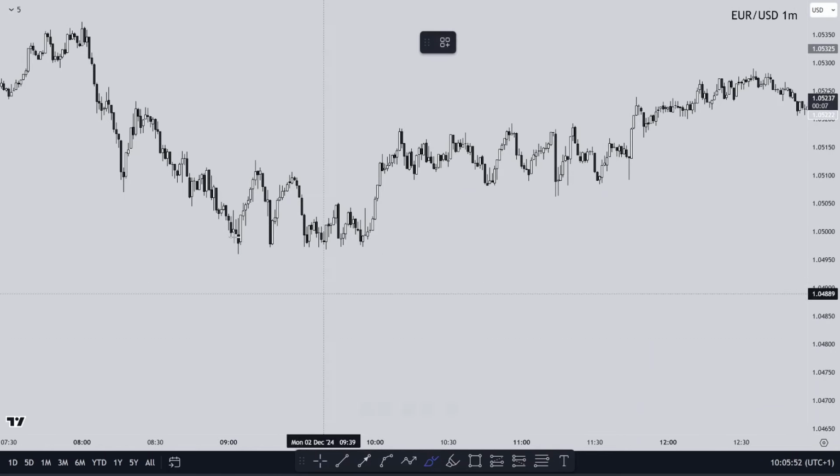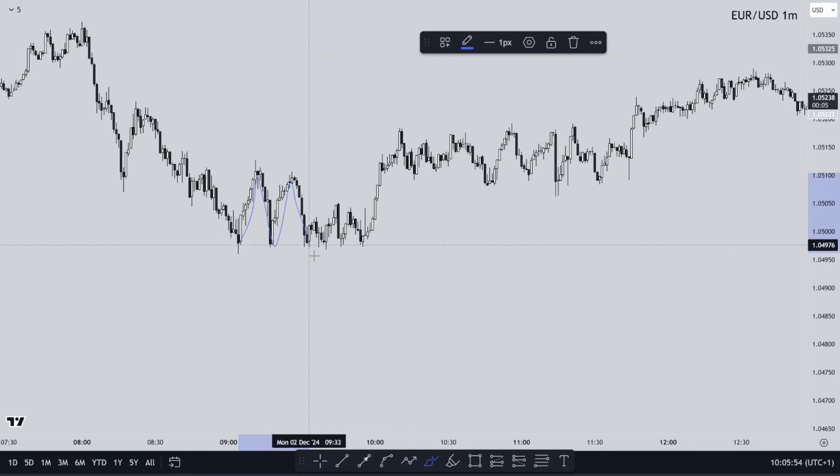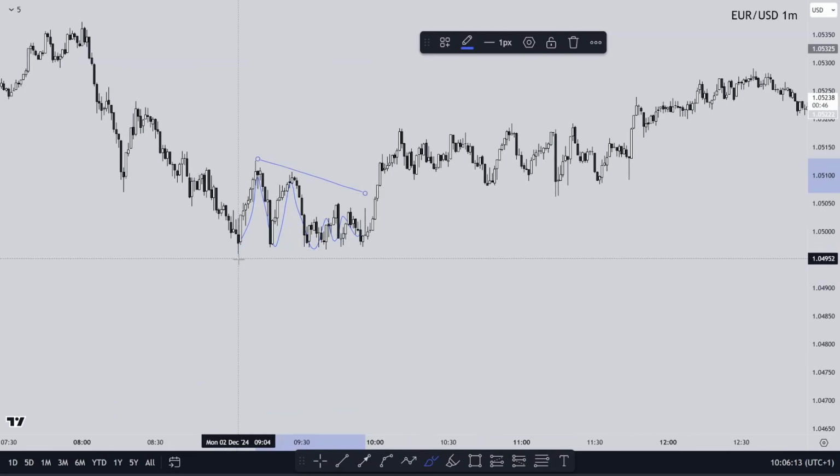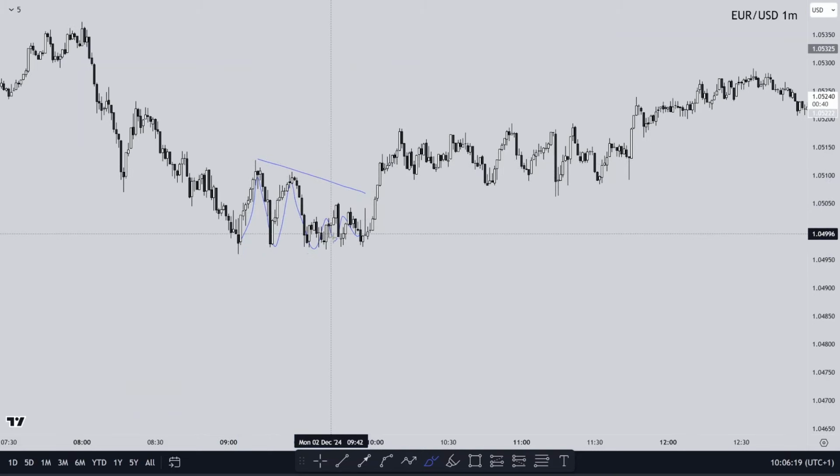As you can see on the chart on euro-dollar, from 9 to 10 AM we have a very ranging movement, so I didn't trade the asset after London opening because it was really difficult to understand. Price can go up or down, it's 50-50, I mean.